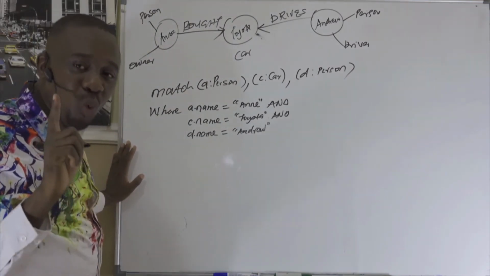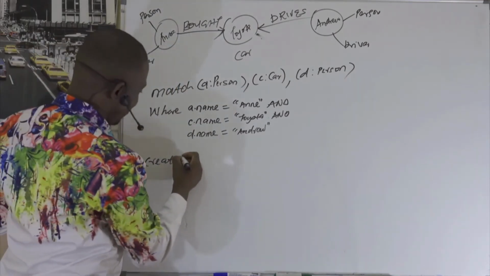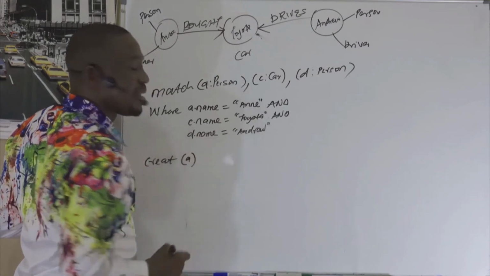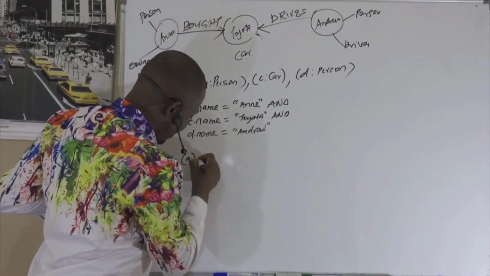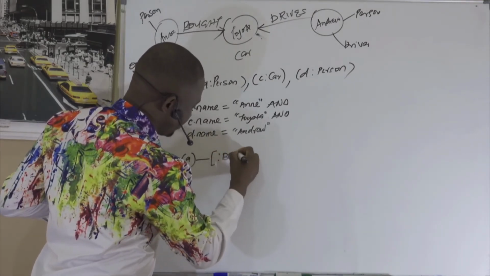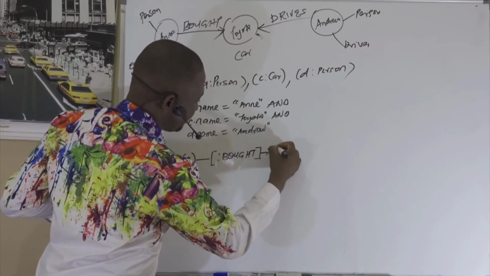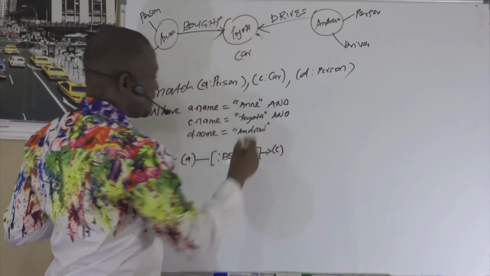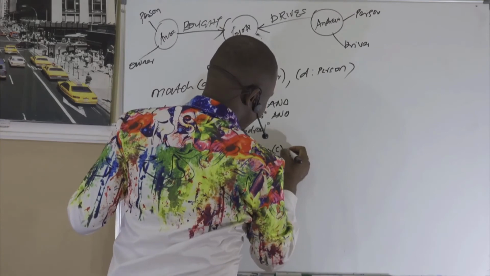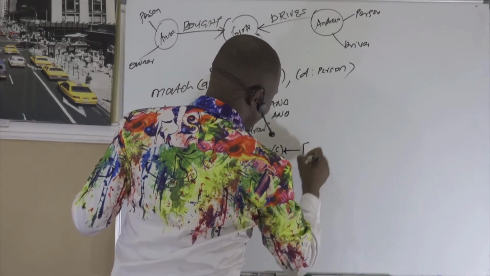Then, what is the relationship? Create this guy, which is A. What does he do? He bought a car, C. What is this guy doing? This guy drives the car. So let's put it somewhere here. Drives the car as who?